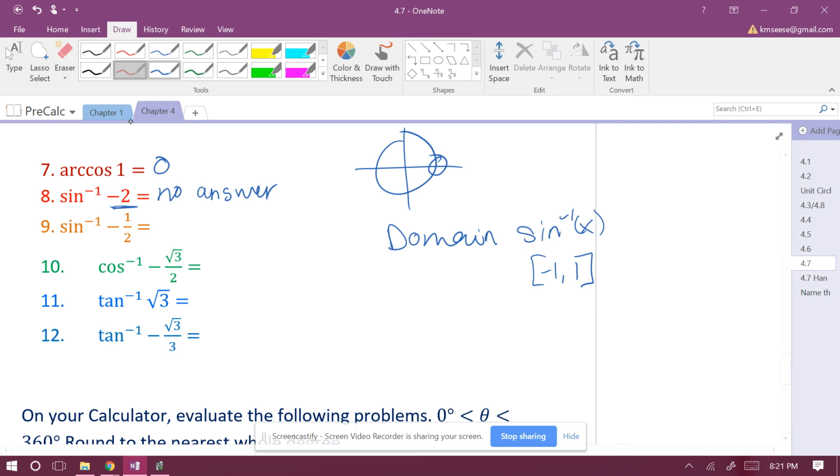For number 9, where is sine inverse? Well, where is sine negative 1/2? So sine inverse is negative 1/2. So where in my unit circle is my y negative? Well, that's going to be here.